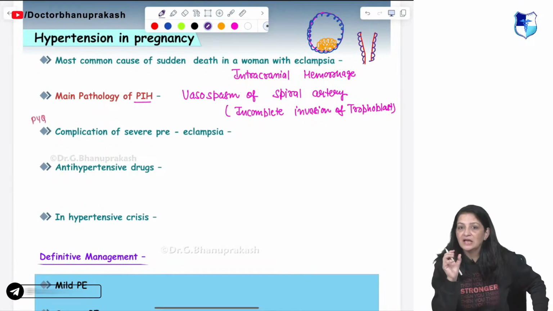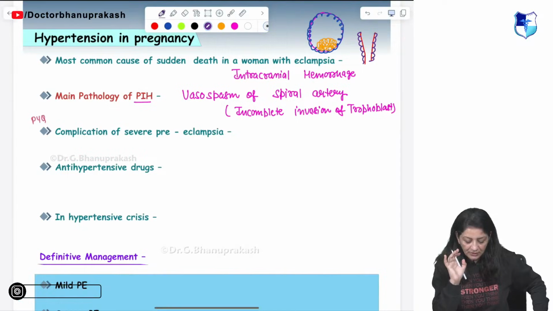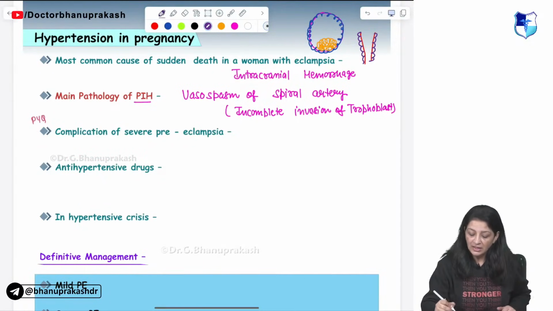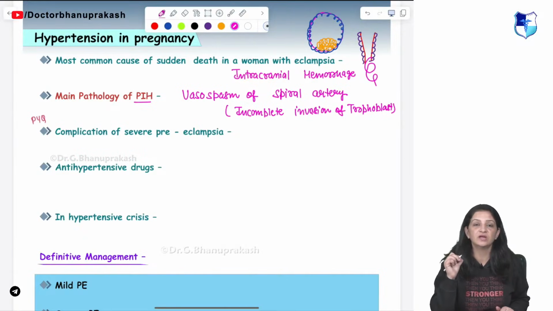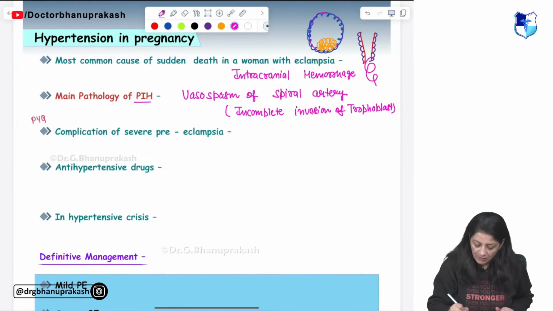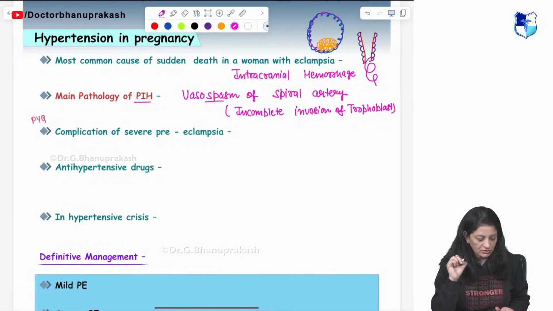It will cause the dilatation of the spiral artery ताकि अच्छे से blood जाए intervillous space में. So what happened in pregnancy induced hypertension? There will be a narrowing of spiral artery because of incomplete invasion of endovascular trophoblast. So this is the pathology of pregnancy induced hypertension.